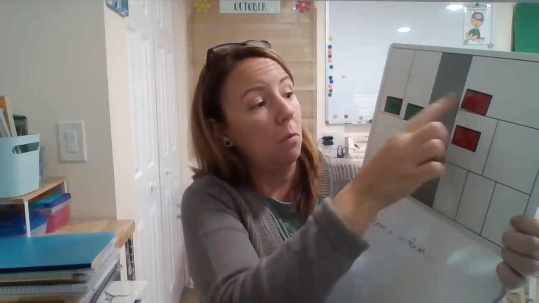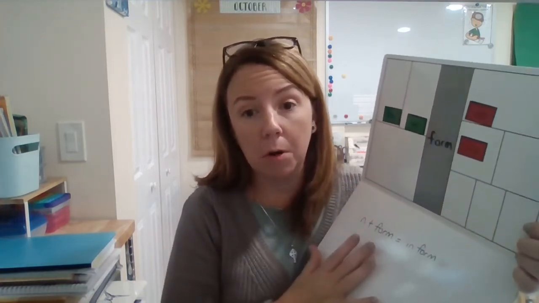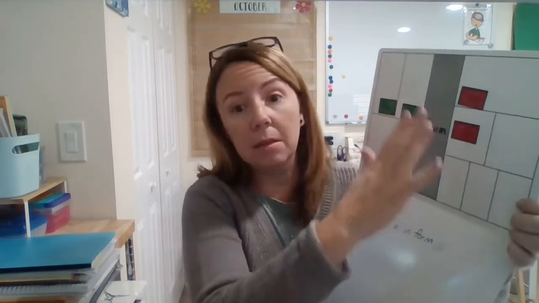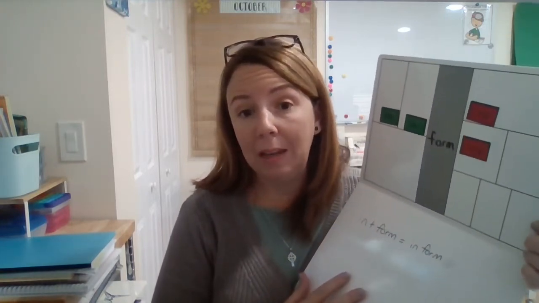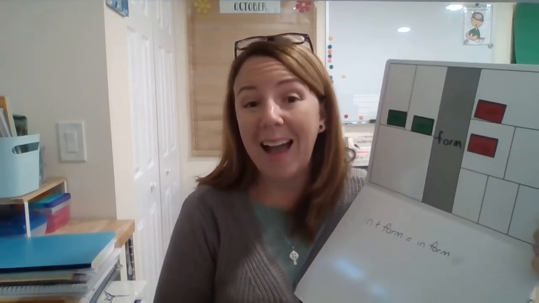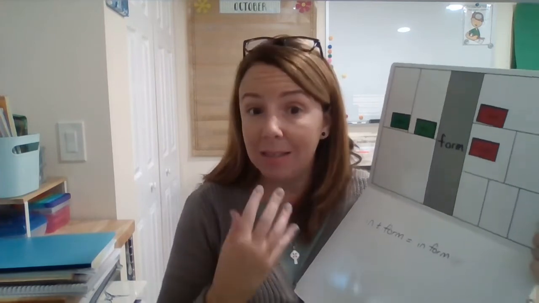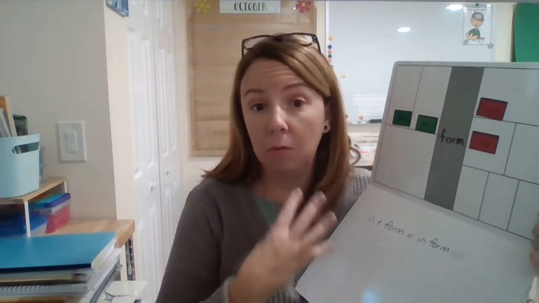Misinform, misinformed, misinforming. So I can build a ton of words just using these simple magnets and that one Latin root, and have students practice writing them down on that dry erase surface as they are making them, and practice saying them out loud as they're spelling them and reading them.